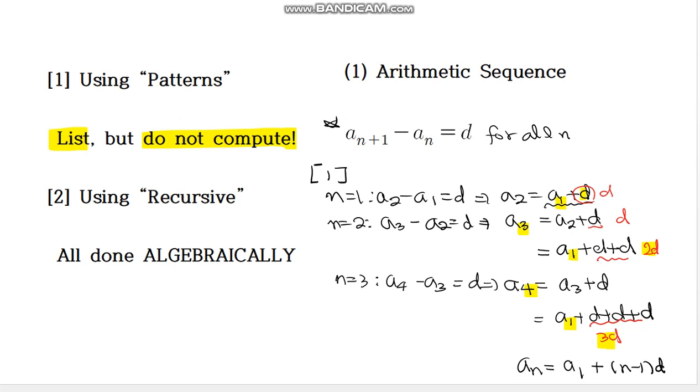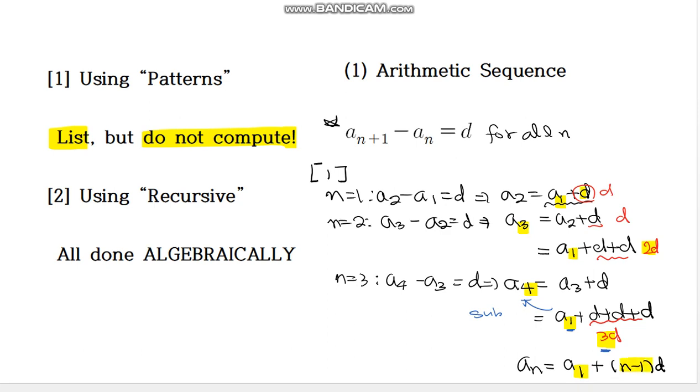So the pattern that we could find from just listing them and not computing them fully is that the sum of the subscripts on the right-hand side generates the subscript on the left-hand side. So 1 plus n minus 1 generates n.